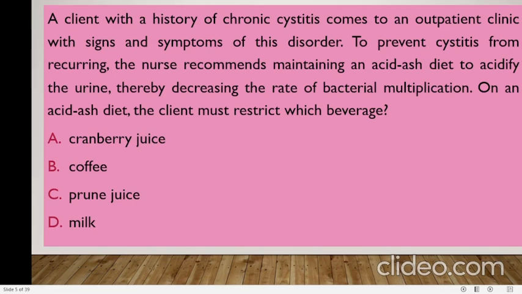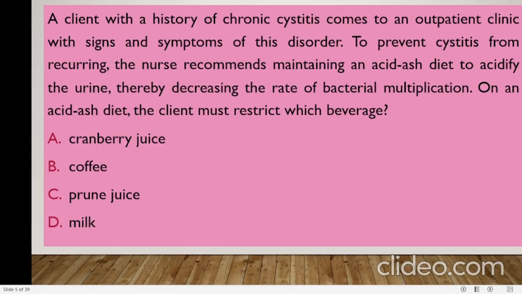Yes. So for the prune juice and cranberry juice, we are comfortable with them because they ensure an acidic environment that limits multiplication of bacteria. We know coffee is neutral.